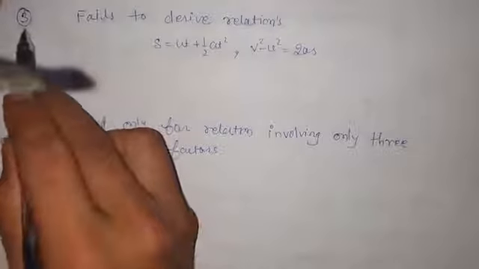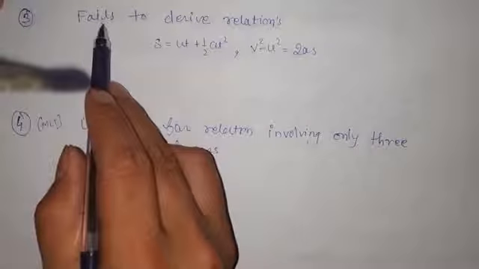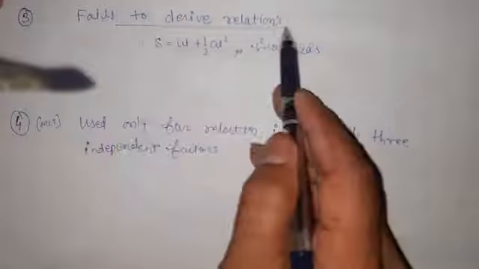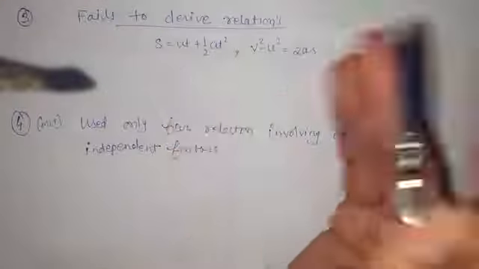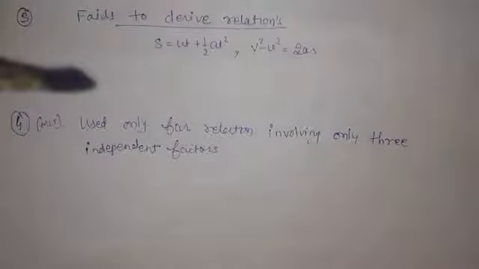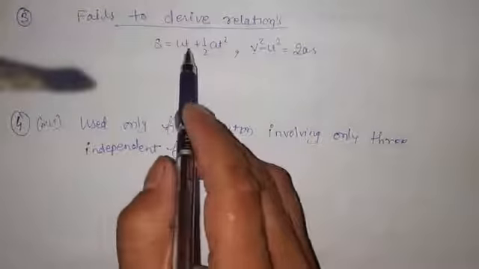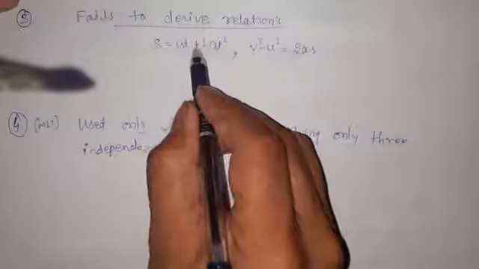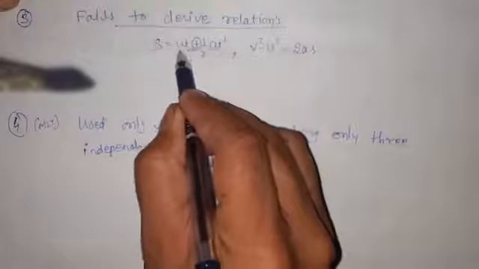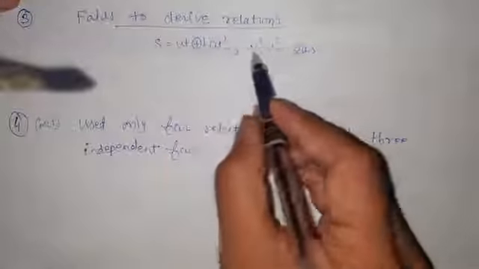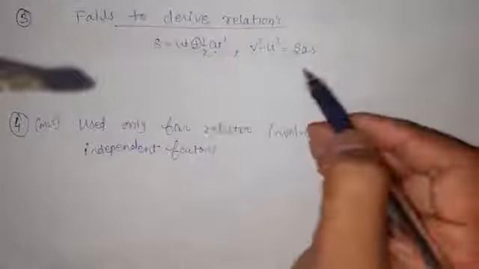The third limitation is that it fails to derive relations whenever there is a plus or minus in the equation. If you look at ut plus half at square, the plus is between two terms, so it fails to derive such a relation.